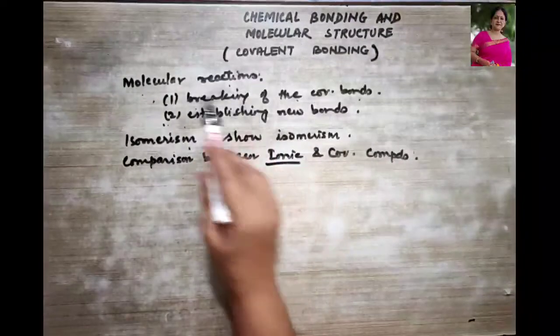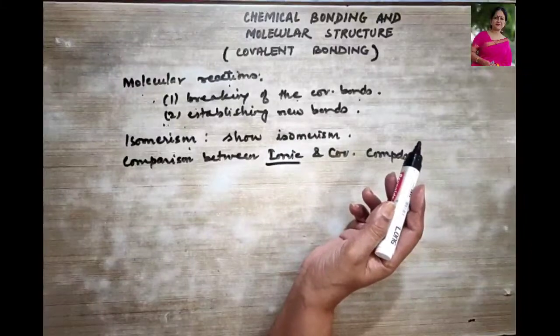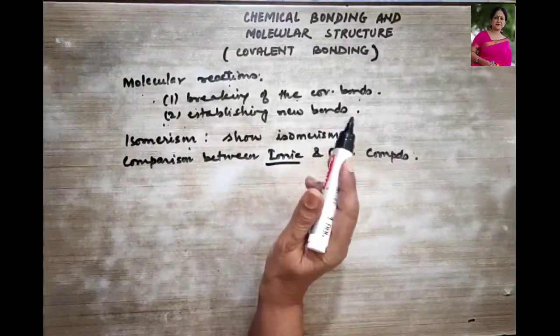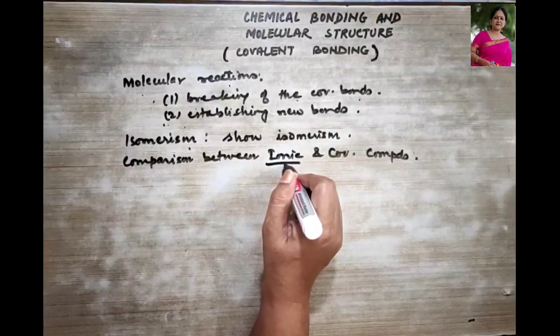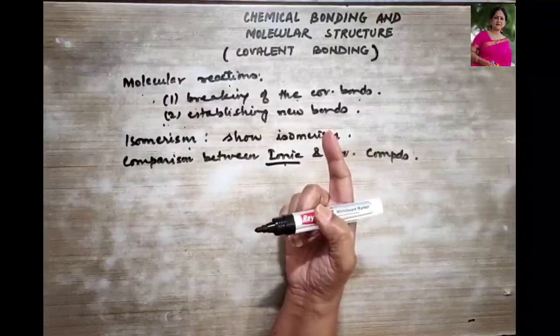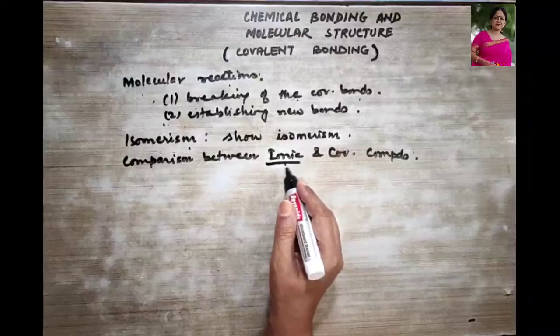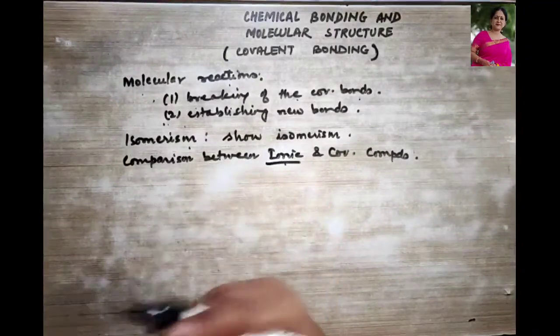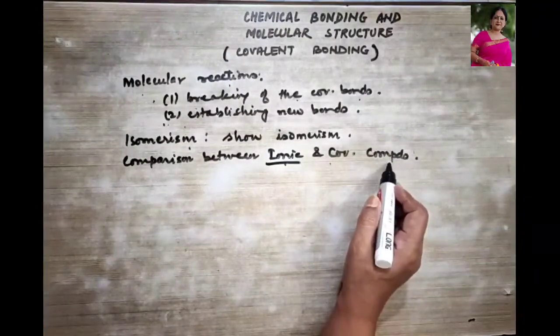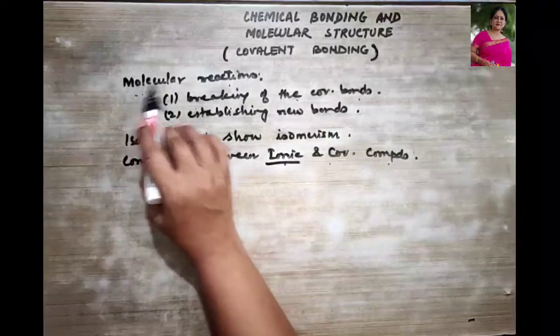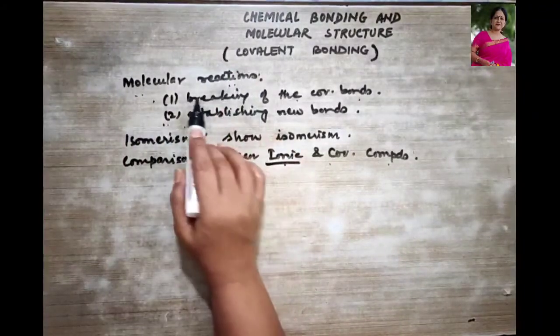And last but not the least, we were talking about molecular reactions and isomerism. Ionic compounds undergo ionic reactions, which means the rate of reaction is very high. They are fast, they are instantaneous. Whereas covalent compounds undergo molecular reactions.